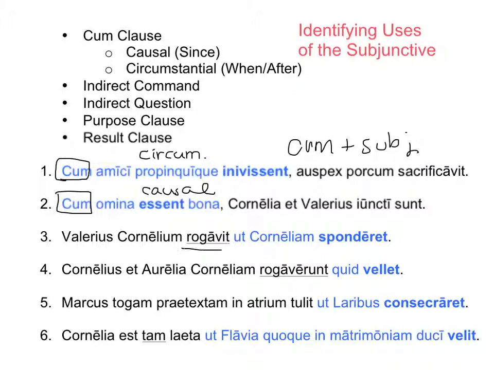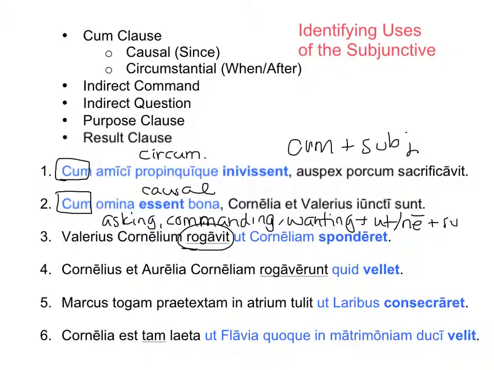So we've got a word of asking or commanding, some kind of verb like that, wishing, wanting. And then the actual clause has ut, or if it's negative, ne, plus a subjunctive. So that would be our indirect question. So not indirect question, sorry, that's the exact opposite of what I was just telling you. Indirect command.